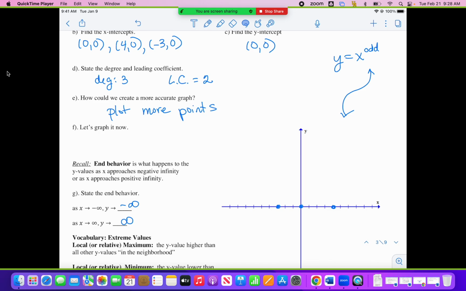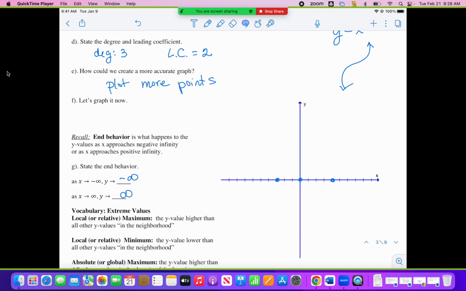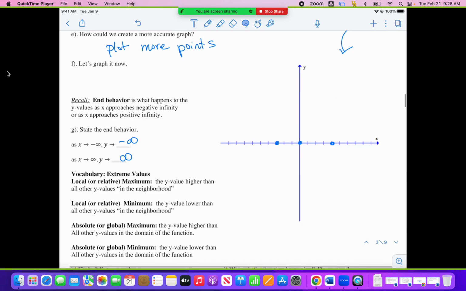But I'm going to give you some vocabulary first. So we have something called extreme values. Extreme values are your maximum and minimum. And we have two different types of max and mins. We have local or relative, which means in a neighborhood, you have a point that's higher than all those left or right of it.